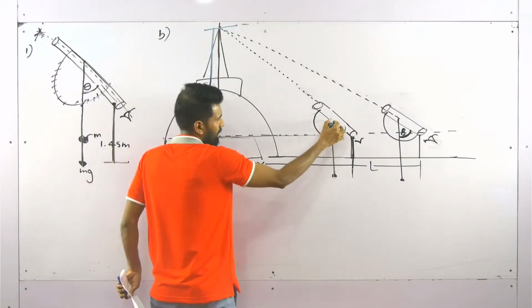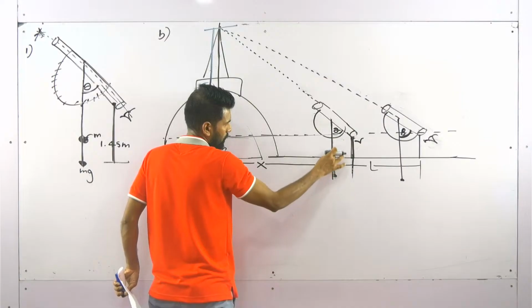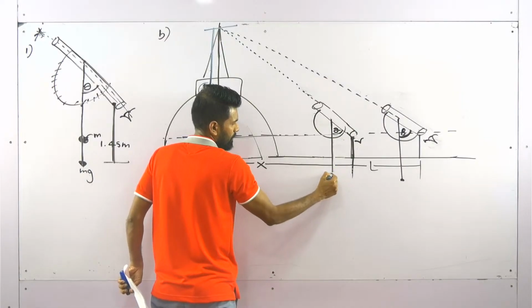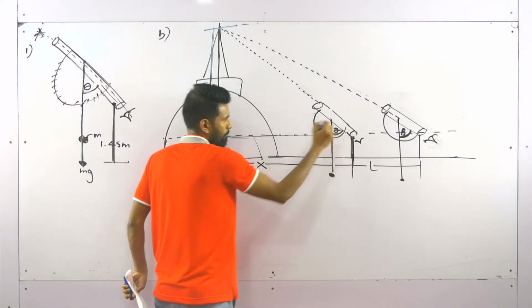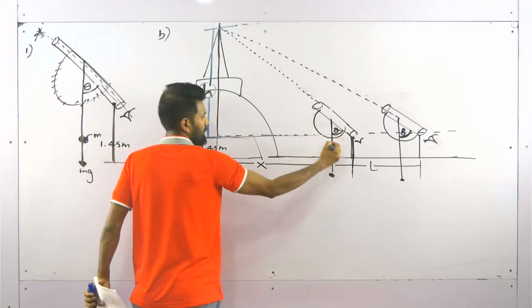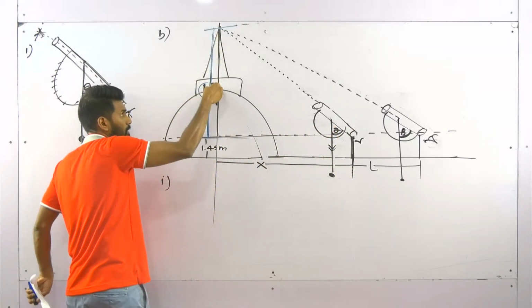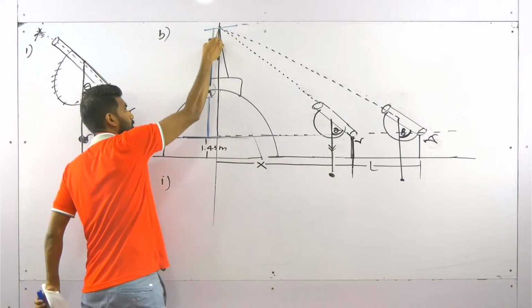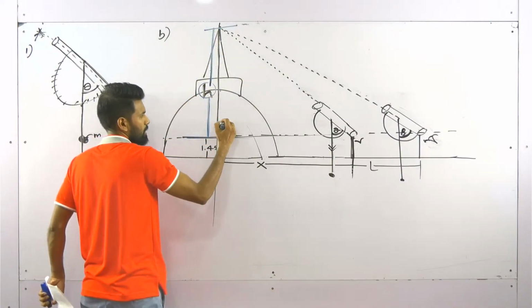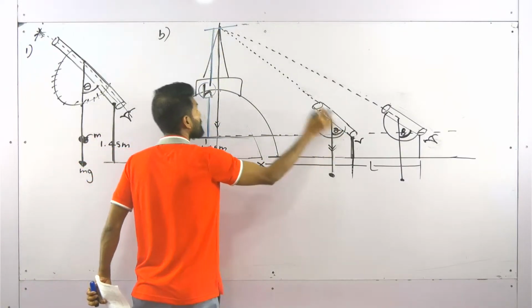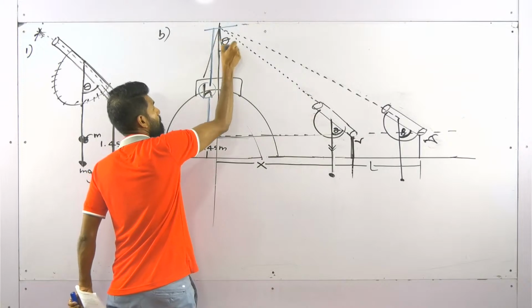If this angle is theta, look at the board carefully. What happens? This vertical line and the vertical line drawn through the center are parallel to each other. So if this is theta, this is also theta.